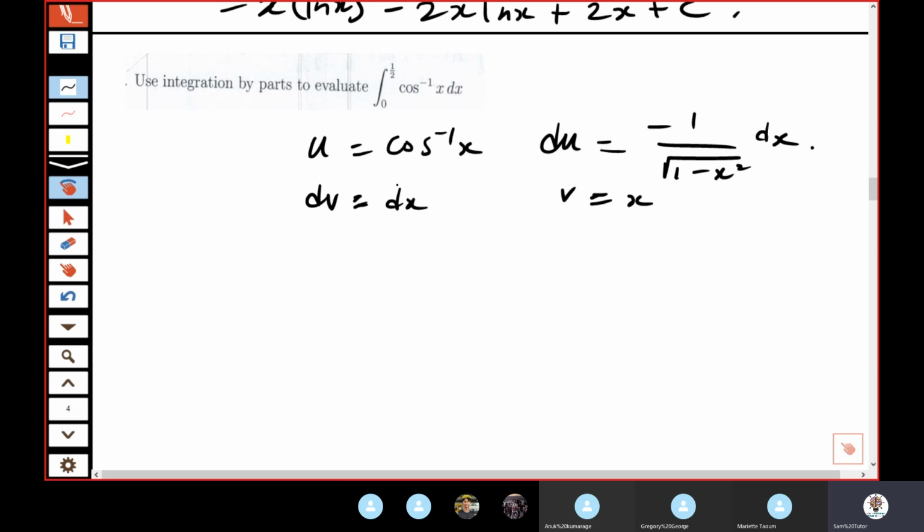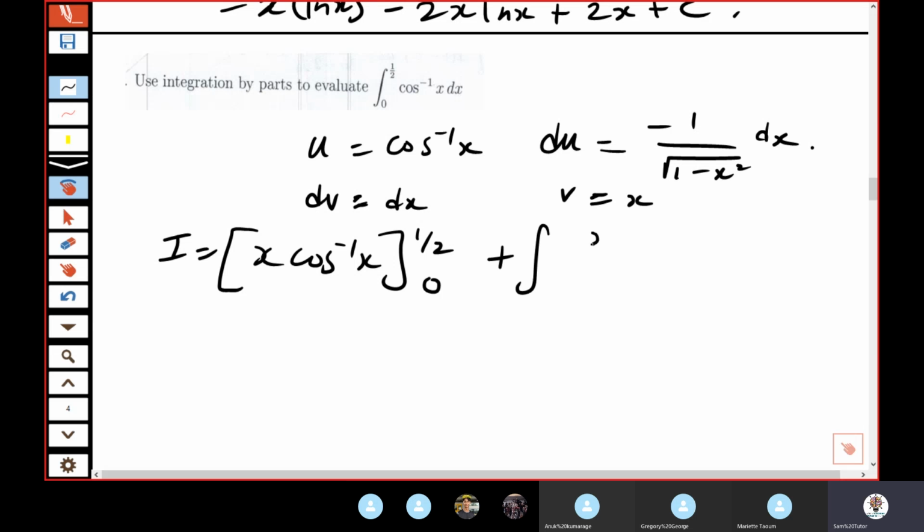All right, all good. So I equals x inverse cos x, from half to 0, plus the integral of x on square root 1 minus x squared dx.